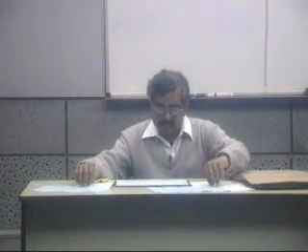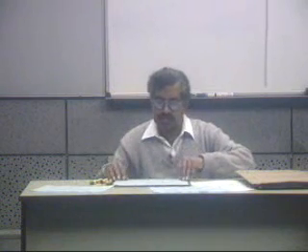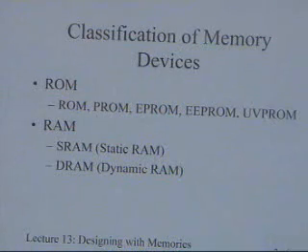When we talk of memories, we typically classify memories into various types. Today of course we are not going to discuss ROMs, we already have used them in designing combinational circuits. So ROMs are basically read-only memories and all memories differ in terms of the size.